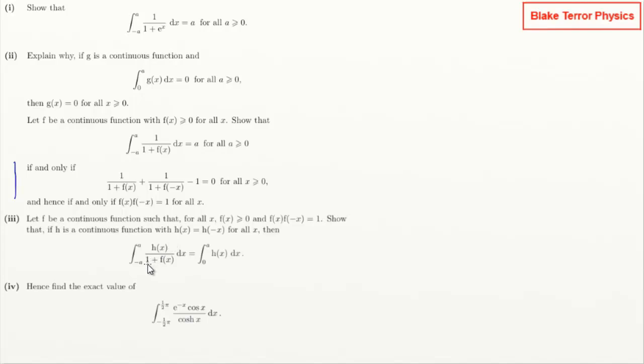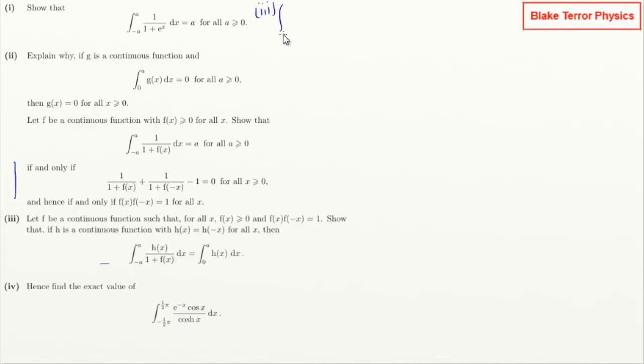Right, so this does look as though we're going to be splitting things out again, doesn't it? Because again we've got the minus a lower limit, which causes us problems in everything that we've shown. So we're going to have to do that, I would imagine.